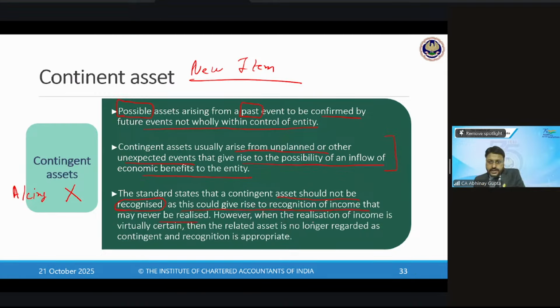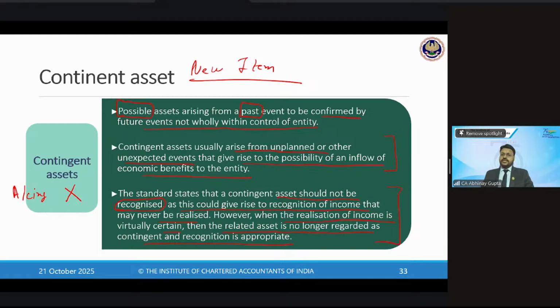However, when the realization of income is virtually certain, then the related asset is no longer regarded as contingent and hence the recognition is appropriate. So as and when the contingency gets resolved and certainty gets established that there will be an inflow to the company, for example, winning of a court case, right? So damages will be accruing to the company.